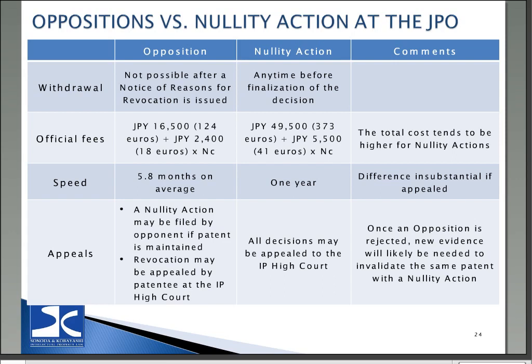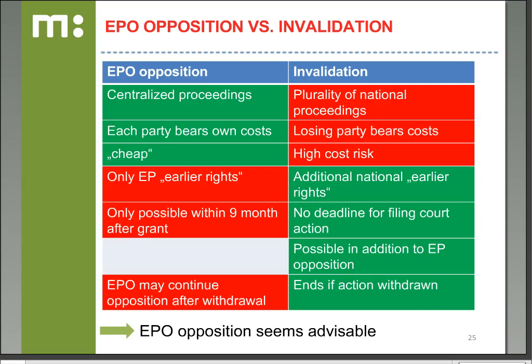And could you explain the summary in Europe? Yes, I will do. As we learned, at the EPO we have centralized proceedings, whereas in invalidation actions you have a plurality of national proceedings.